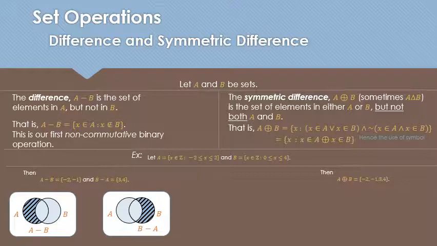And so when we take the union and remove the intersection, we get the symmetric difference, in this case, -2, -1, 3, and 4.